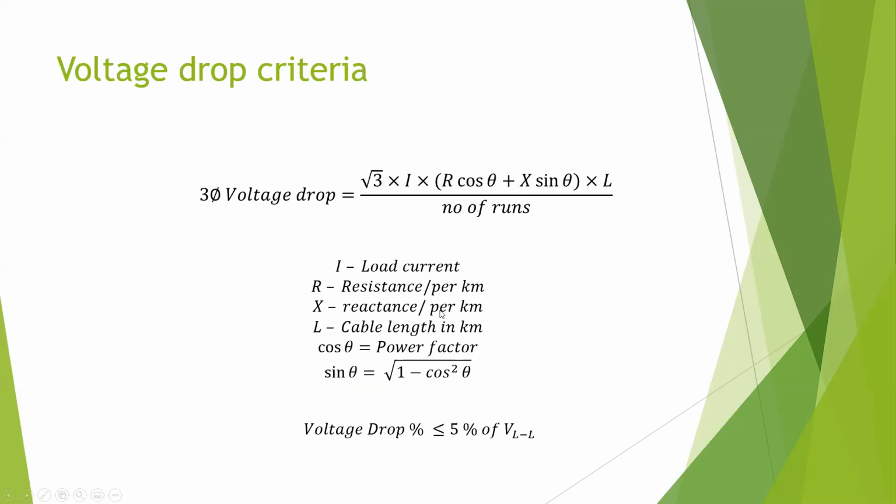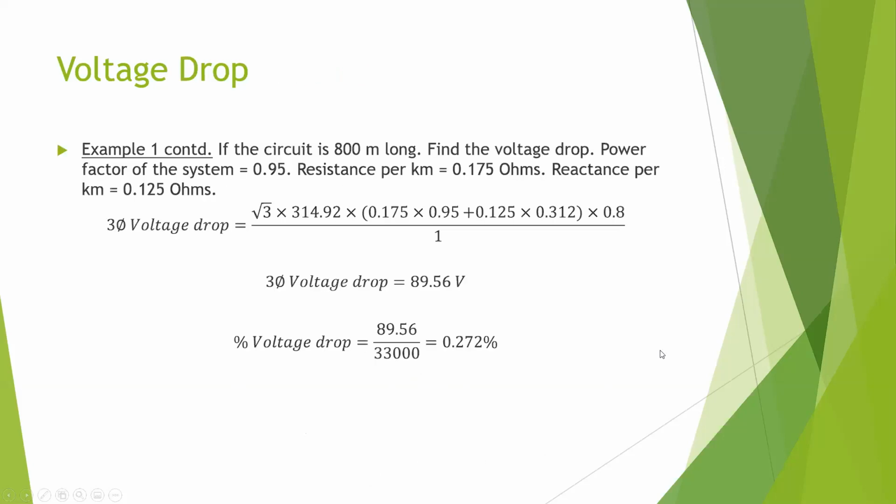Cos theta is the power factor, and sin theta we can just find using this equation. You know this equation. Usually we are going to keep the voltage drop less than 5%. So that is the requirement. And here's an example. This is the same example we discussed earlier.